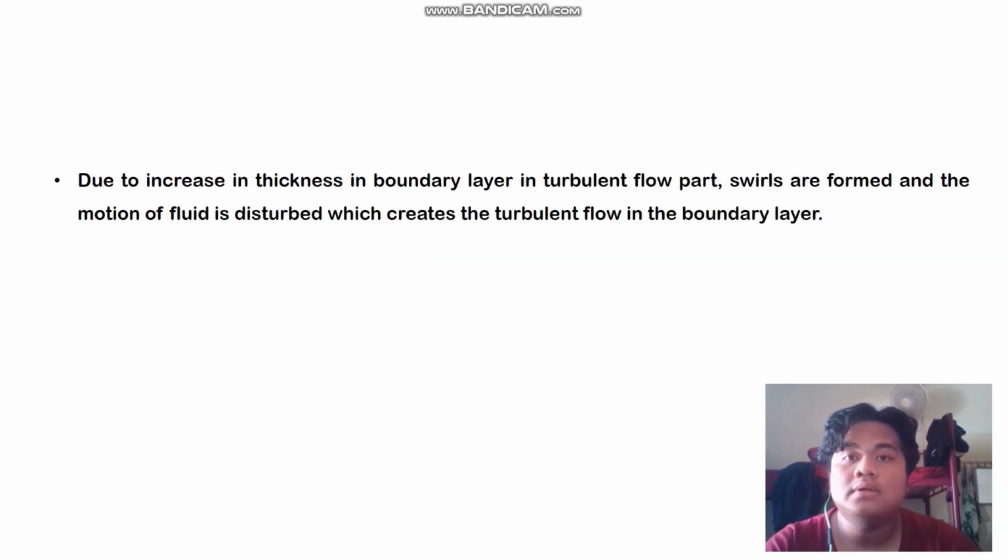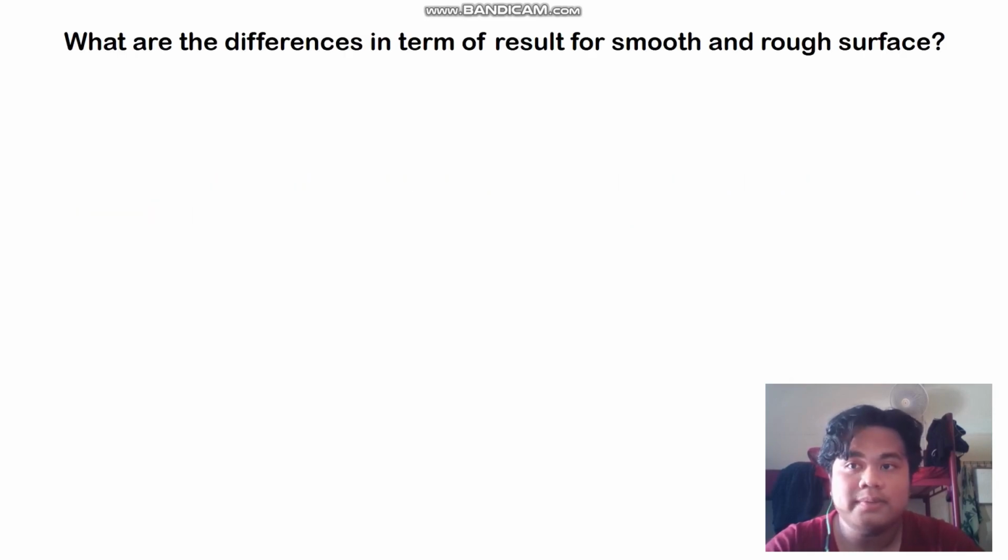The phenomenon that causes this is the increase in thickness of the boundary layer. In turbulent flow, swirls are formed and the motion of the fluid is disturbed, which creates the turbulent flow in the boundary layer.